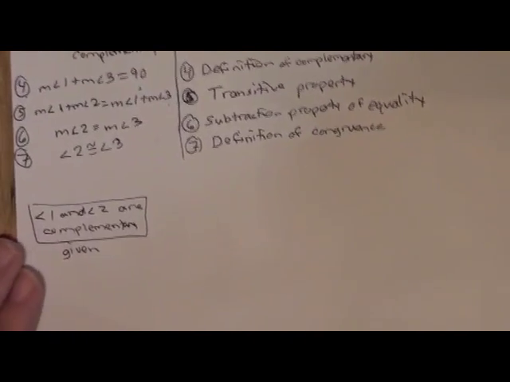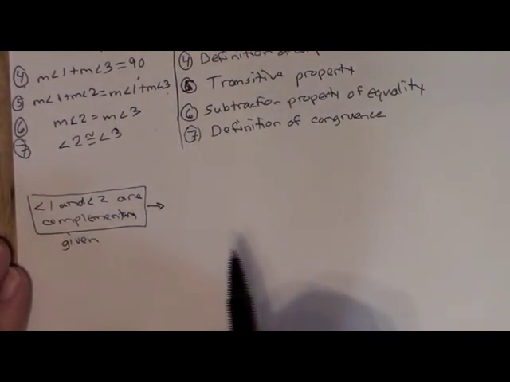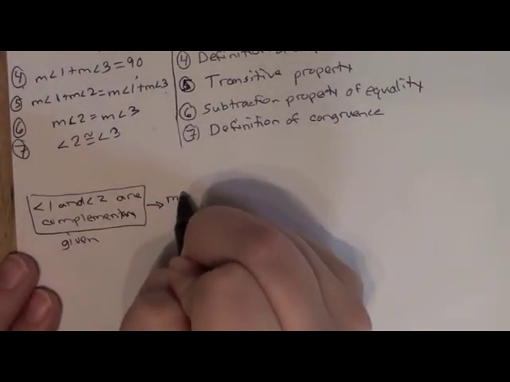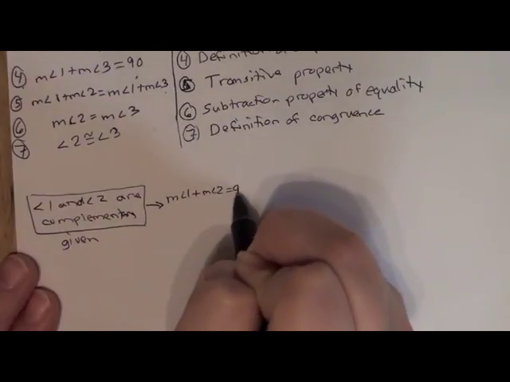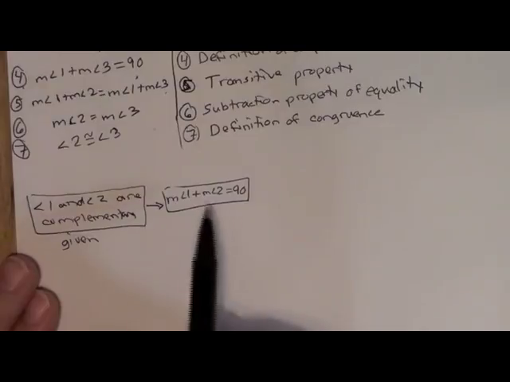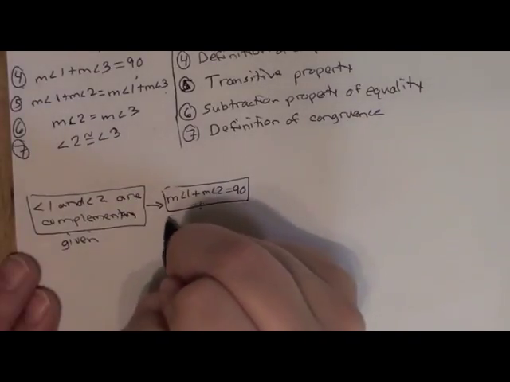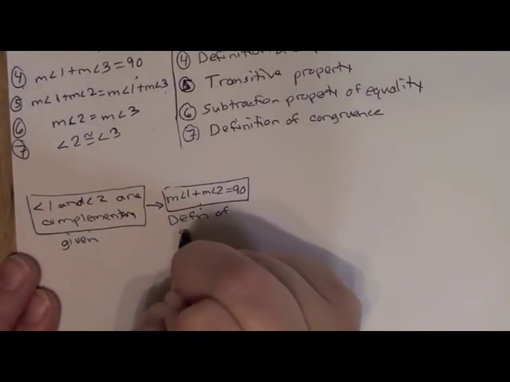So in our flow proof, from this first box, which was line 1, we need line 2. The measure of angle 1 plus the measure of angle 2 equals 90. Because this statement was a result of them being complementary. And the reason is the definition of complementary.